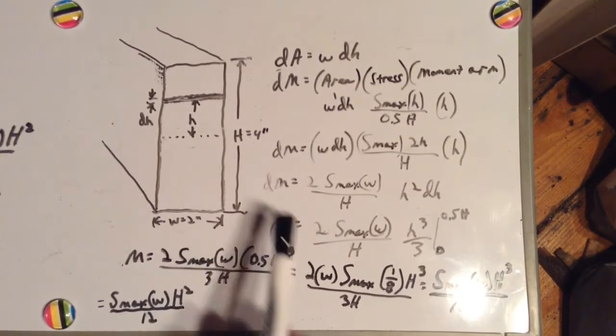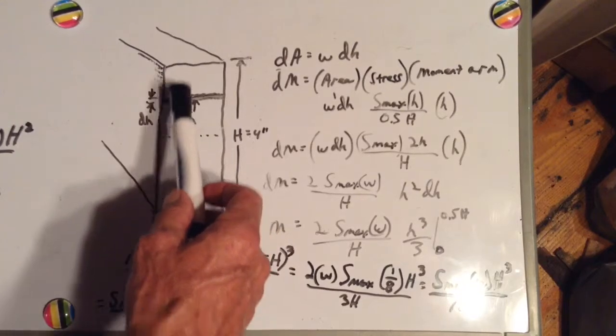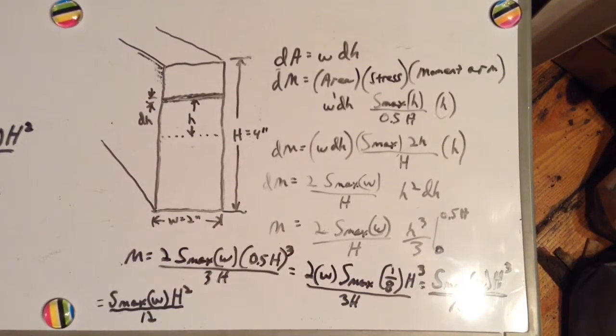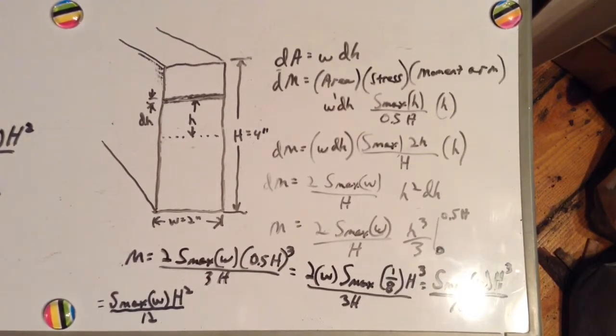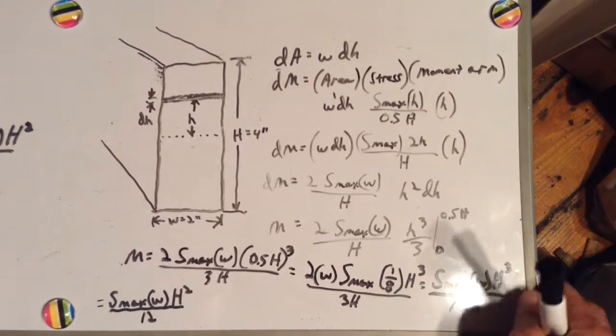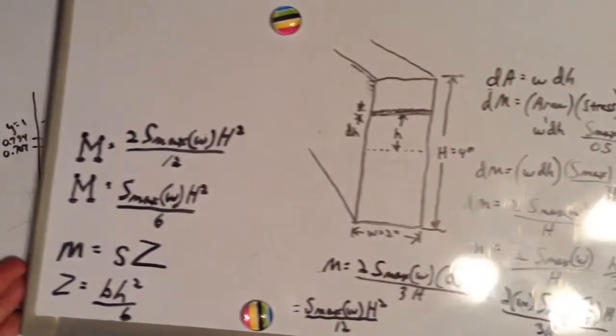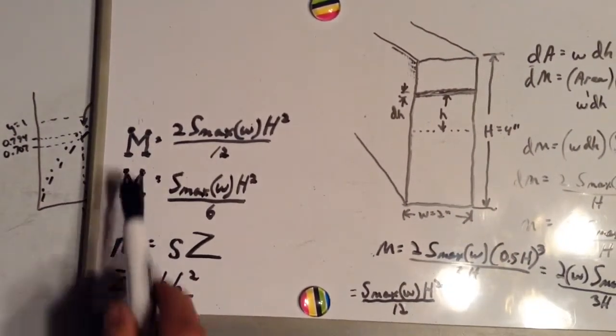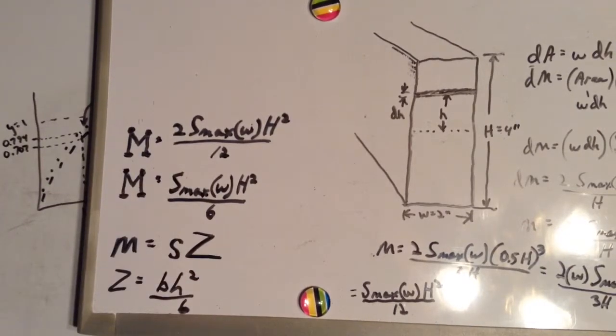But that's the bending moment just for half of a board. We have a bottom half of this board that's also contributing to the bending moment. If the top half's in tension, the bottom half's in compression. They're working together, so let M represent our total bending moment, which is just twice this.